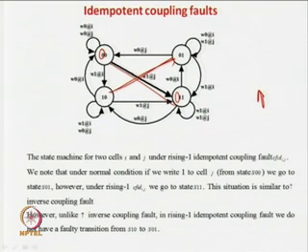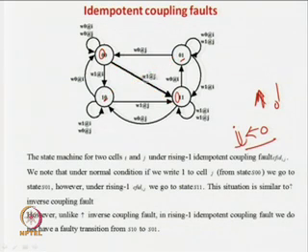The same thing was happening: we are changing the value of J from 0 to 1, and the value of I was getting flipped from 1 to 0. But in this case it is not a flip. The value of I is actually permanently stuck at 0. So you do not have this transition in the case of an idempotent coupling fault compared to the inversion coupling fault.